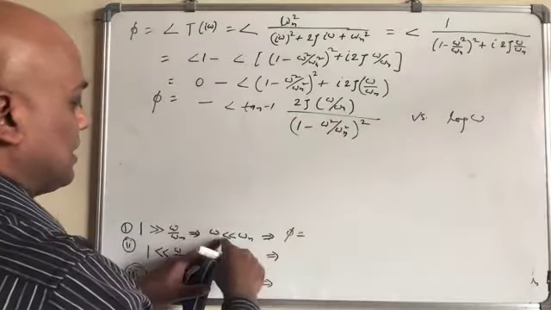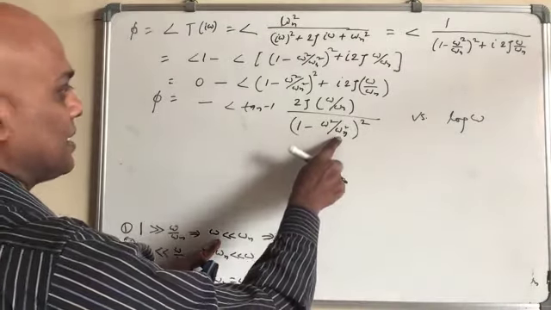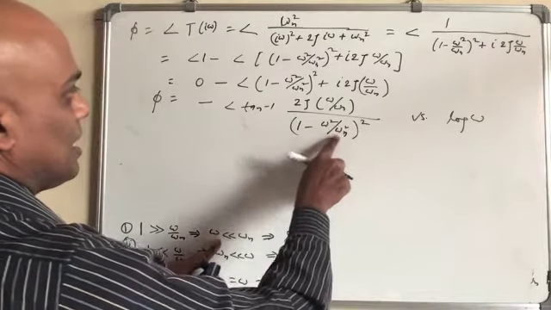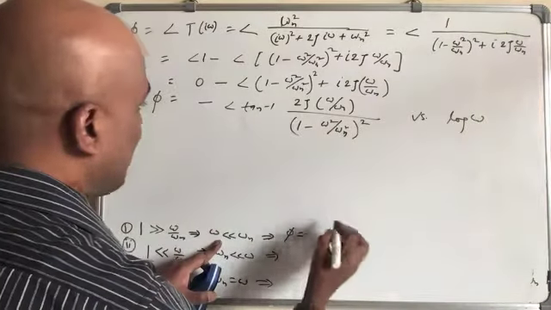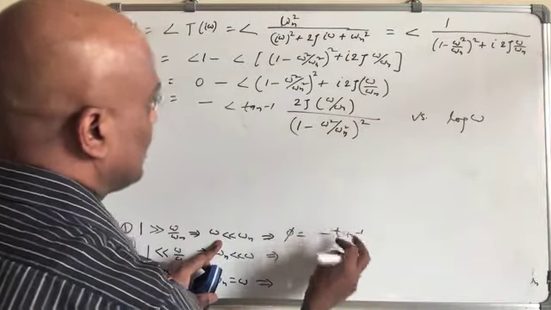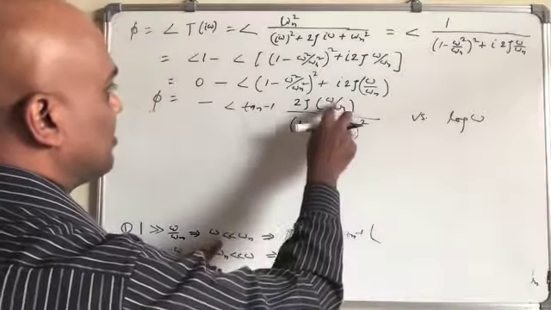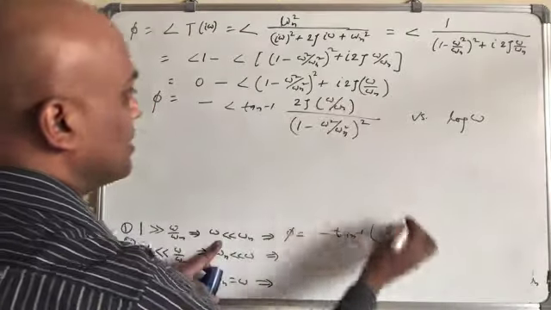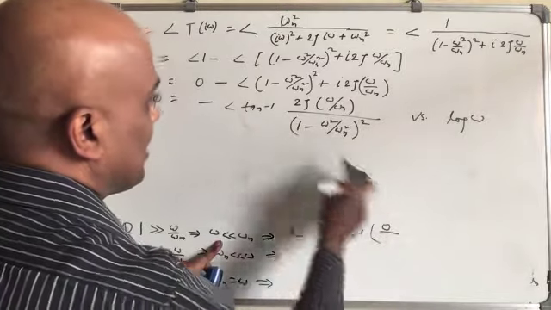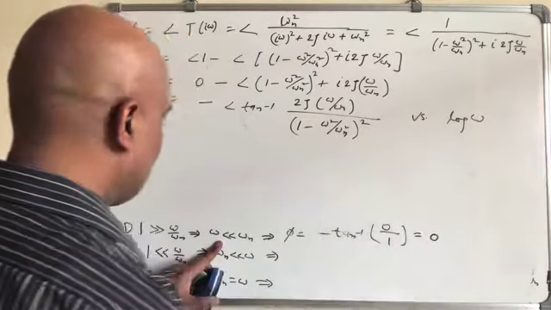When omega is much less than omega n, it means 1 is much greater than this term, and in that case you will have phi equal to minus tan inverse. This will be basically 0, since omega is very small, and this will be 1, so this will be 0 only.